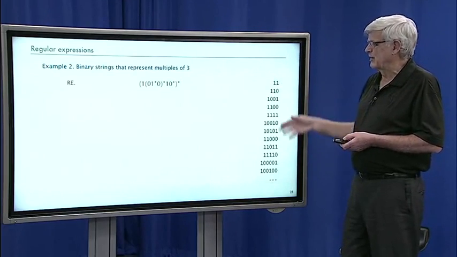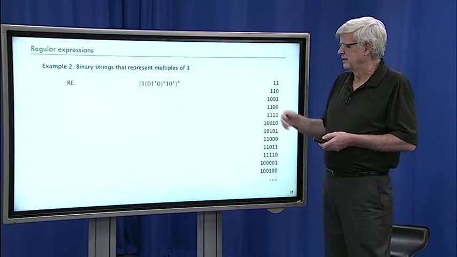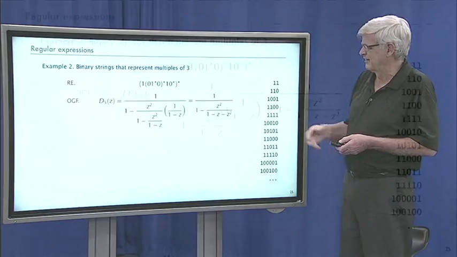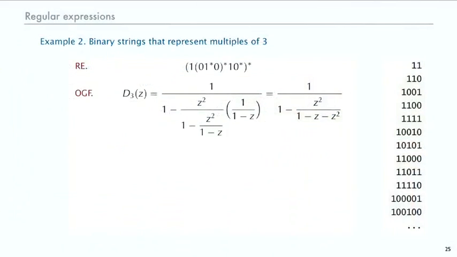So how many binary strings represent multiples of 3? Well, we can just apply the theorem to that regular expression, and we get this rational function that after a while we can simplify down to that simple ratio of two polynomials. And this one actually expands explicitly with partial fractions. It's going to be asymptotic to 2 to the n minus 1 over 3.